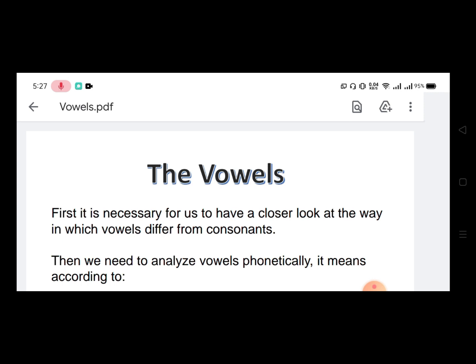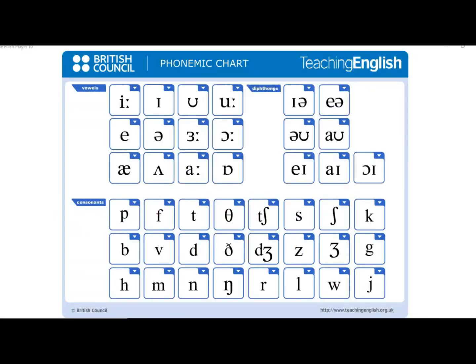I'll show you through the phonemic chart. This is the IPA interactive phonemic chart, and here we'll see how the sounds are uttered or pronounced correctly. These are monophthongs.